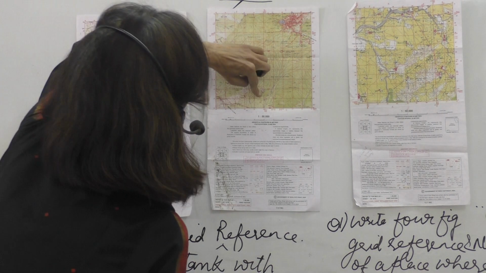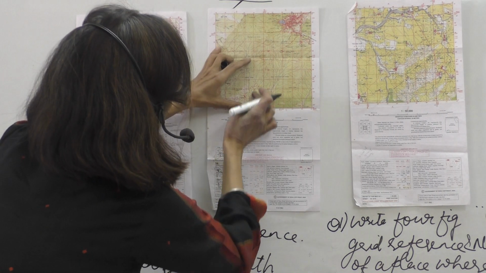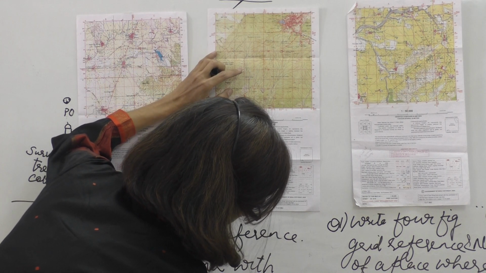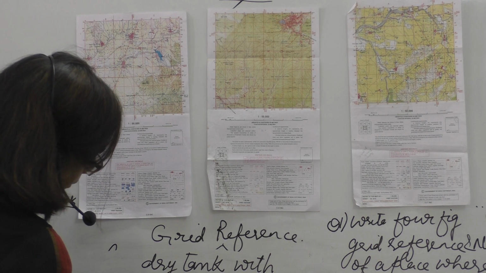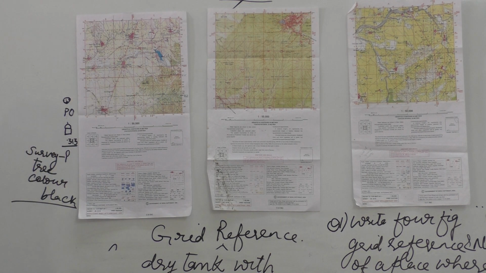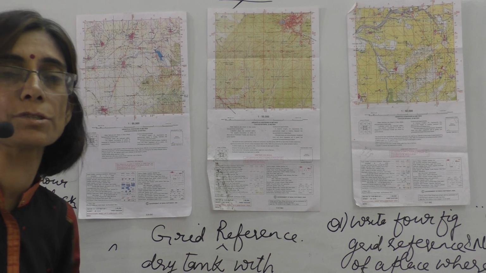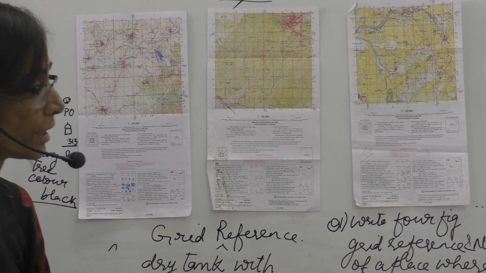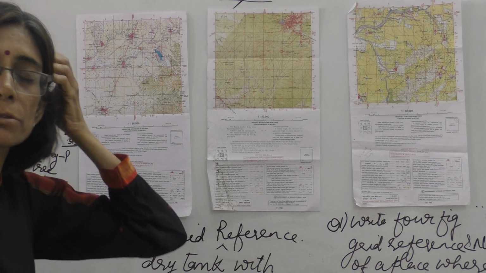So it is here, 1903. This is 19. This is 03. You have to write the 4 figure. At least for the 4 figure I'm very clear. The 6 figure you'll still have to practice, and we'll identify some more objects over there. Okay, thank you students.